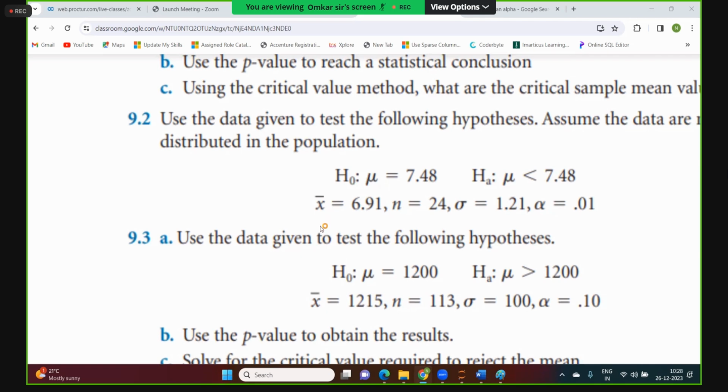Then tell me, is p less than alpha or p greater than alpha? P is less than alpha. Accept the null hypothesis or reject the null hypothesis?